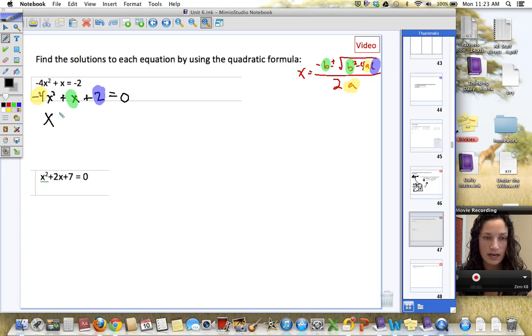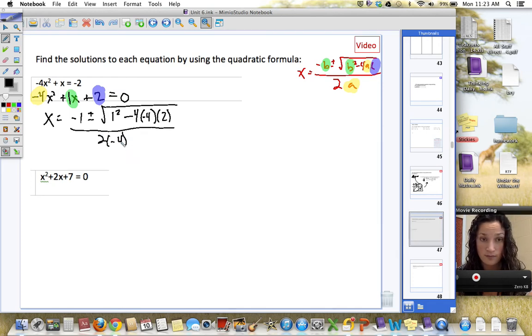This is going to be x equals the opposite of b. My b is, remember, a 1, so I want negative 1 plus or minus the square root of b squared, so 1 squared minus 4 times negative 4, that's my a, and my c is 2, all divided by 2 times negative 4.